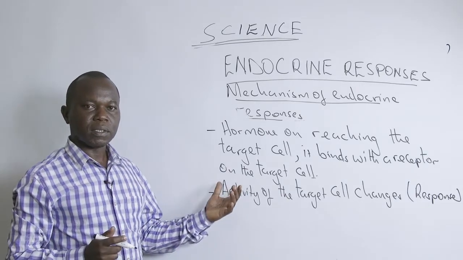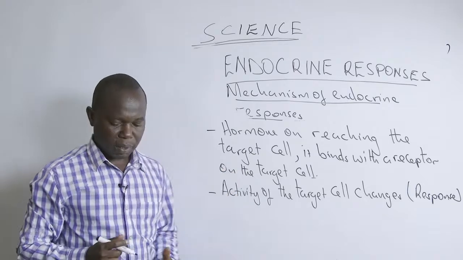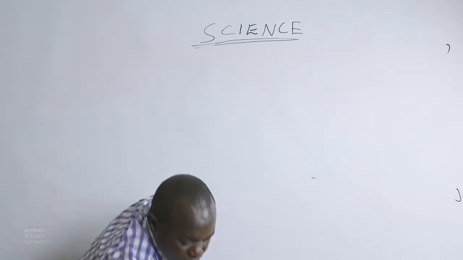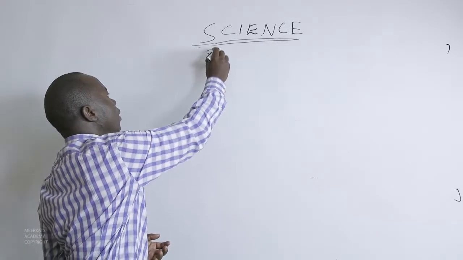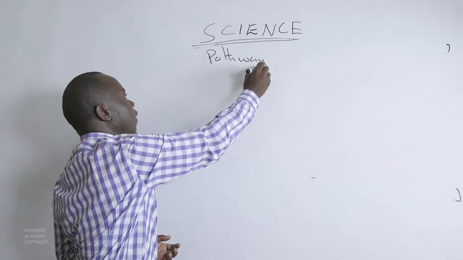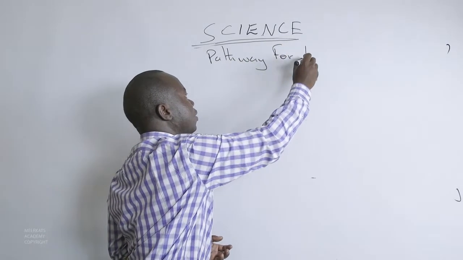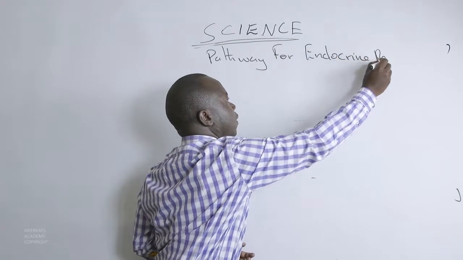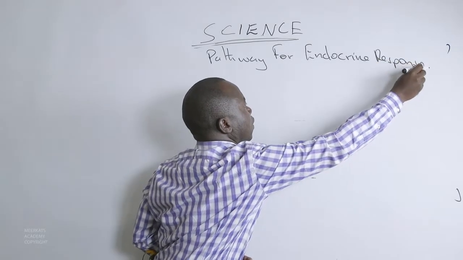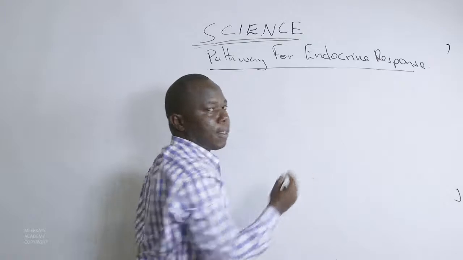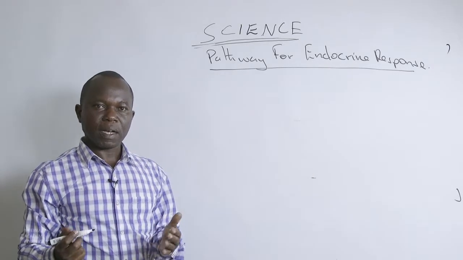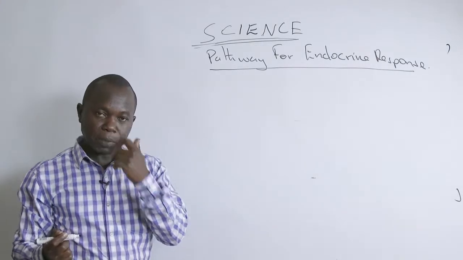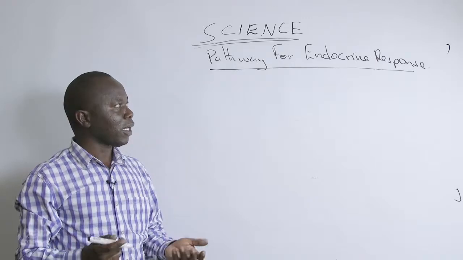So we can illustrate this as a pathway for endocrine response. Just like the reflex arc, which is a pathway for transmission of impulse, also endocrine responses consist of a pathway, just like we have said.